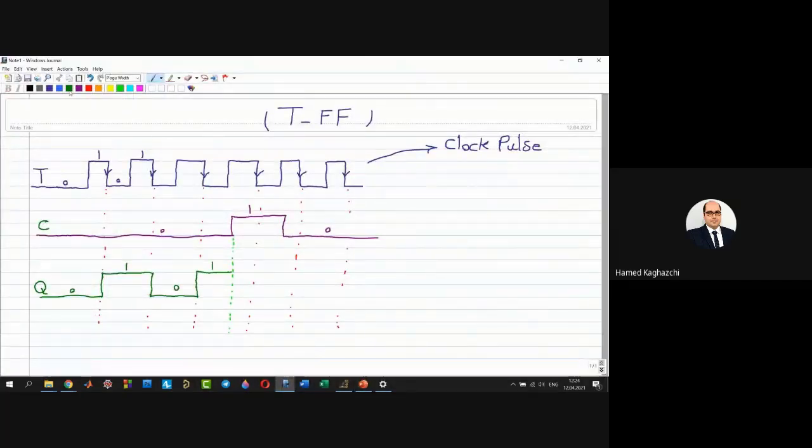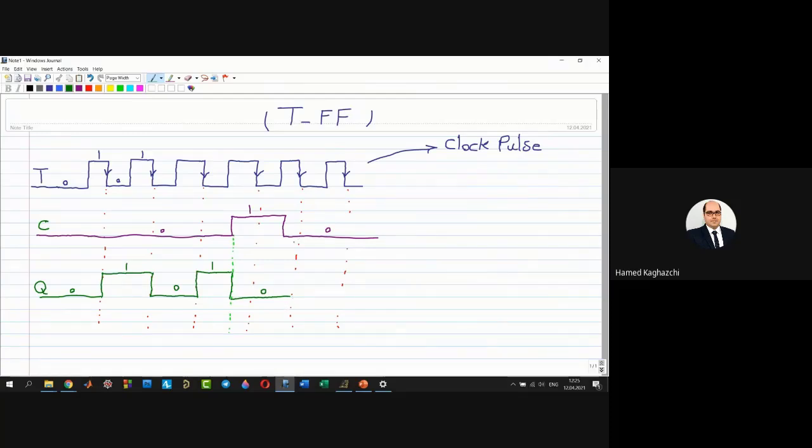This sentence means that because my clear signal is set to 1, immediately I will have 0 at the output. Up to when?